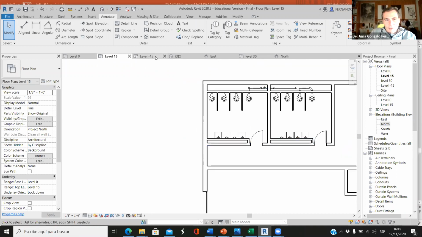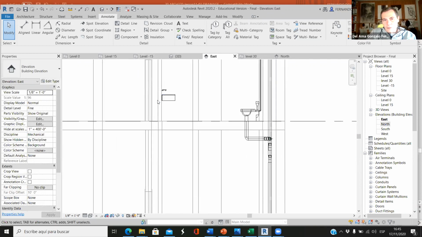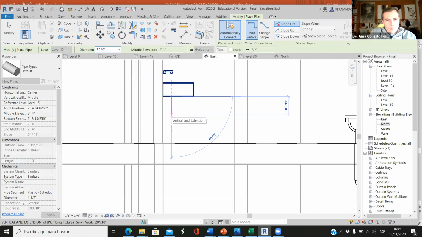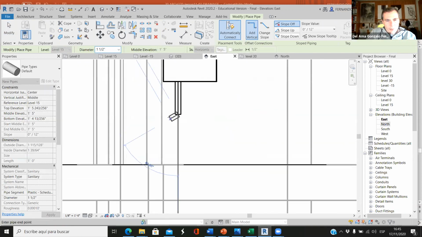But it's important that if I check the elevation, the drainage, remember that we need to insert a trap.